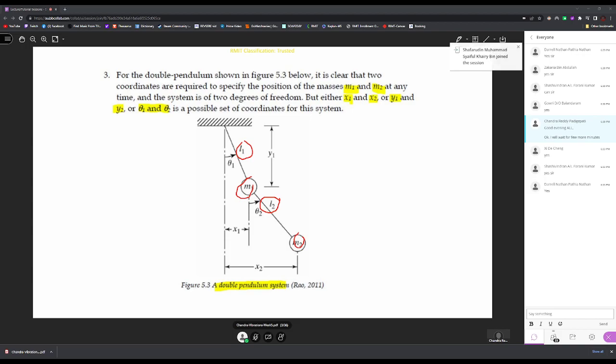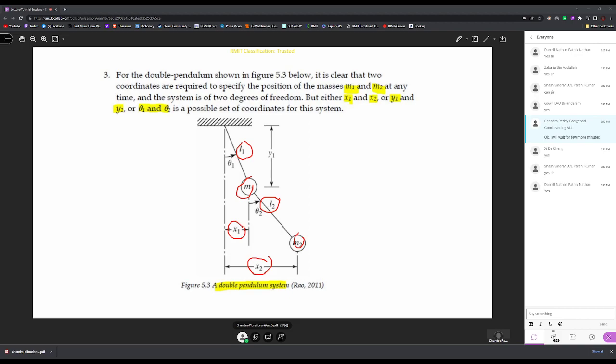We can describe the motion of this in terms of linear displacements x1 and x2. So x1 and x2 will be the linear displacements of mass 1 and mass 2. We can also describe this system in terms of the angular displacements theta 1 and theta 2.